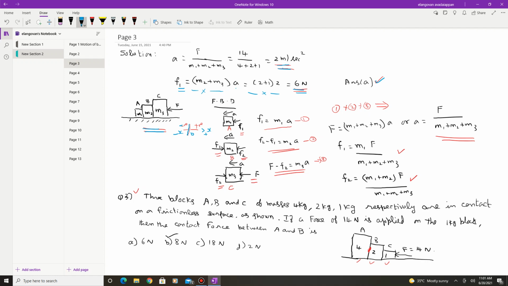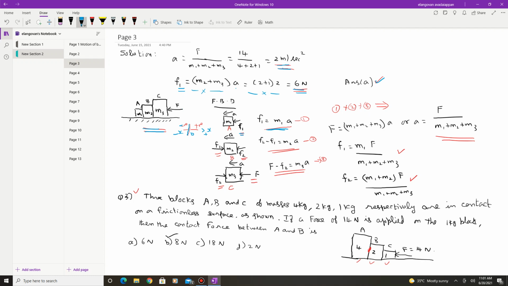Because B is in contact with A, the contact force acts from B to A, as I have told you that the contact force always acts towards the body. Now if you use Newton's second law, the force F1 is equal to m1 times A. So this is equation 1.